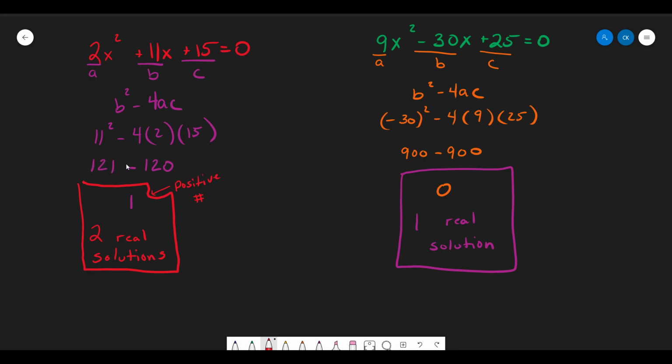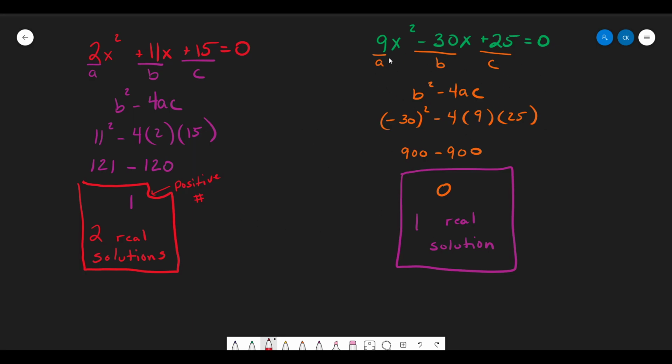So it's 121 minus 120, and that gives us 1. The discriminant for this problem is 1. Because 1 is a positive number, we have 2 real solutions. So the discriminant would be 1, and we would have 2 real solutions.